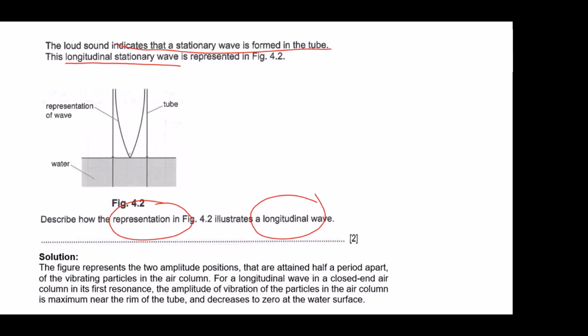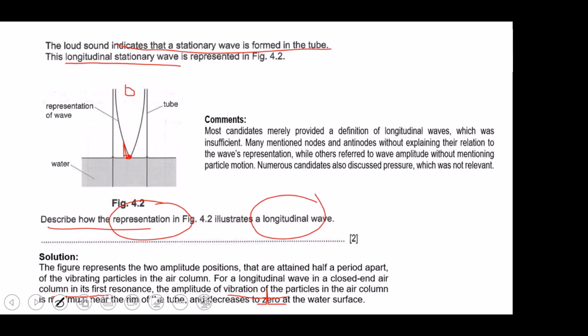At the closed end, I have a displacement node, right? So the amplitude of vibration is maximum near the rim, a displacement antinode, and is zero at the water surface. So this is a displacement node, right? So this is how you describe the representation in figure 4.2 to illustrate a sound wave.